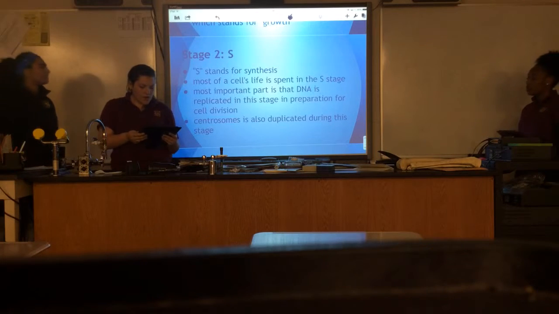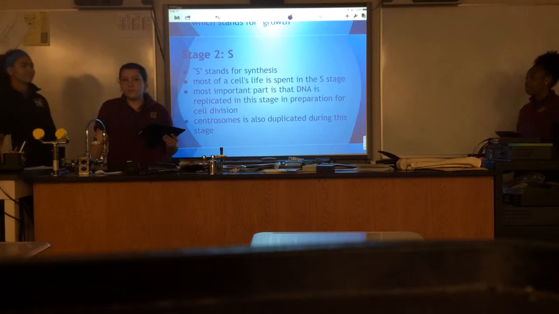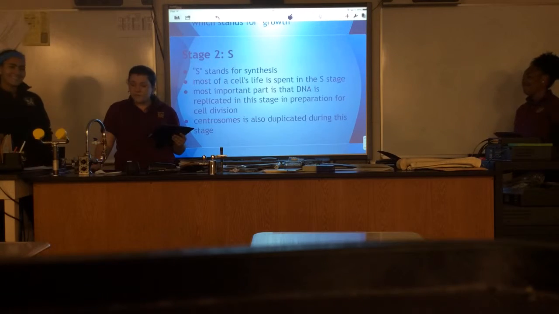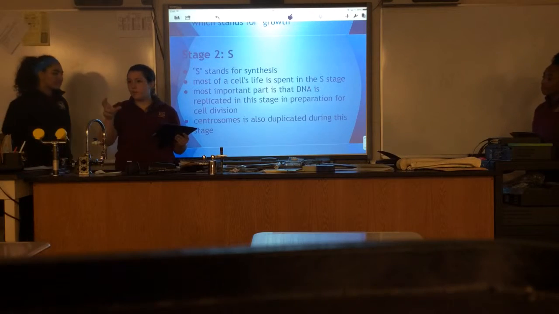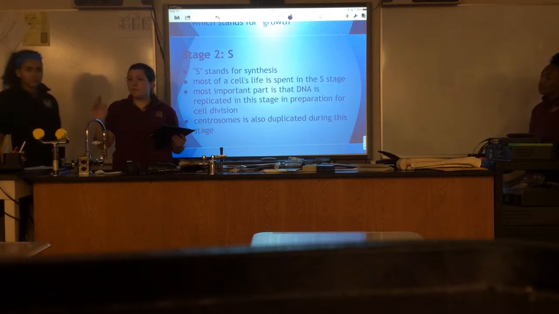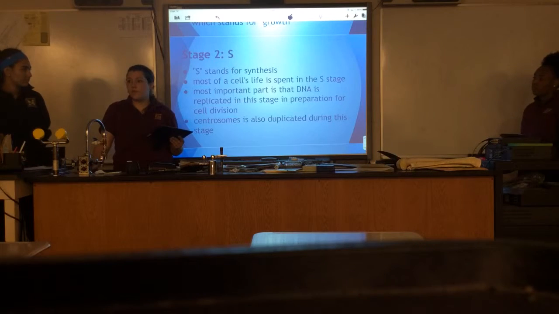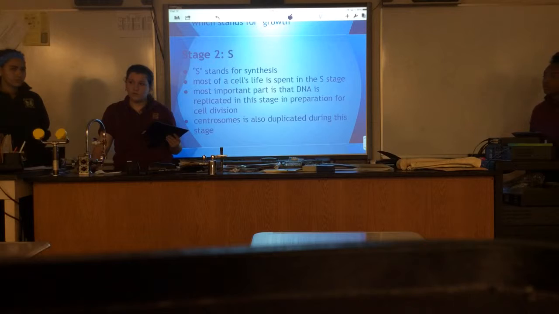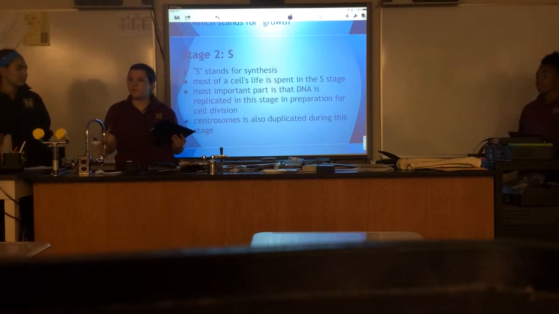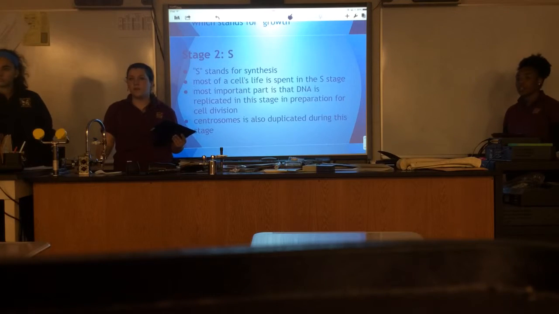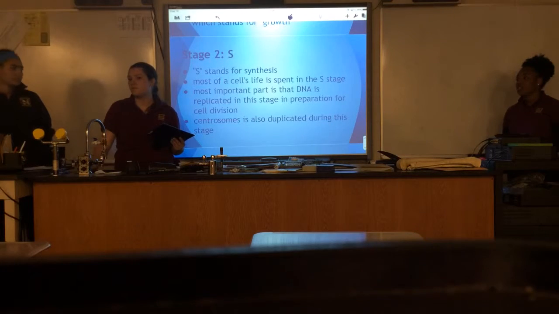The other thing that is duplicated during this stage is the centrosomes, and these are the microtubule organizing centers. Can anyone tell me why it would be a good thing that the centrosomes duplicate? Think about what the microtubules do, and if you had the section on mitosis, you might understand that the microtubules are a big part of mitosis.